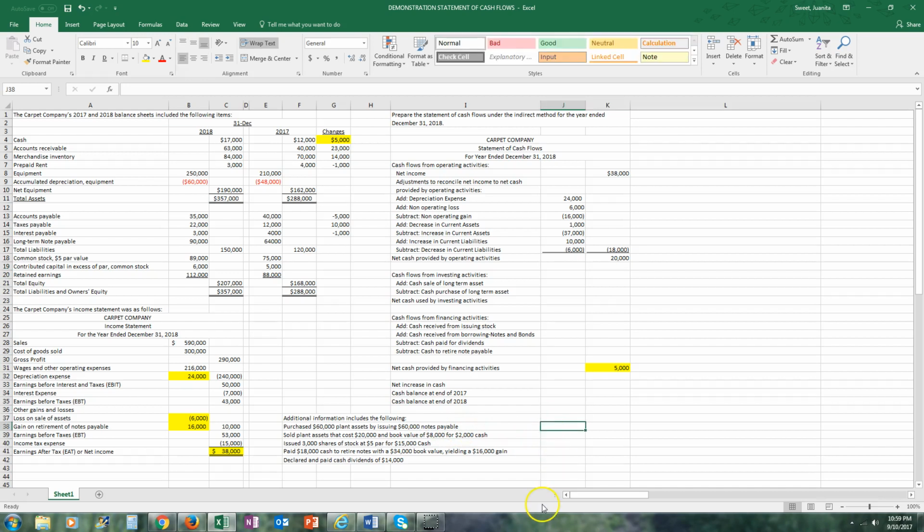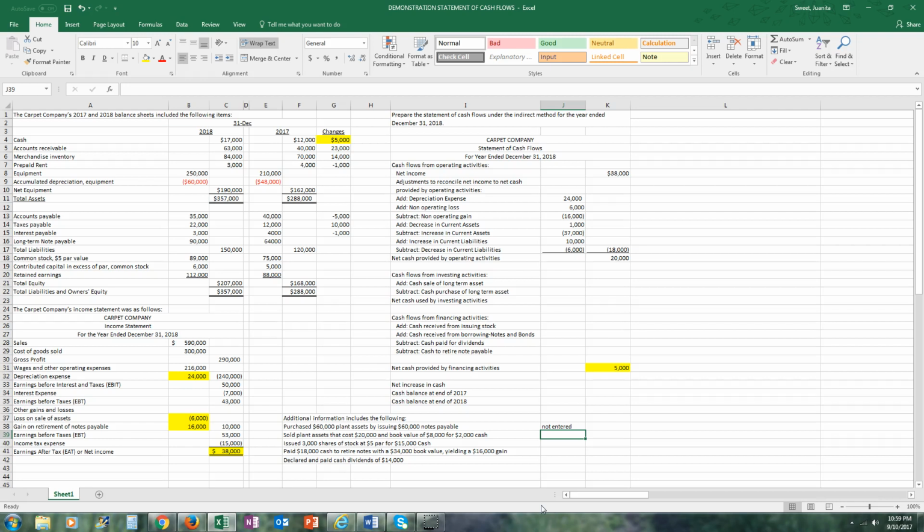There is no cash in that statement. Therefore, this would not be entered. This would be a note of non-cash investing and financing activities.